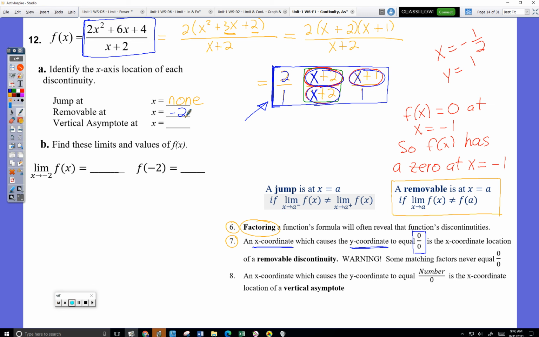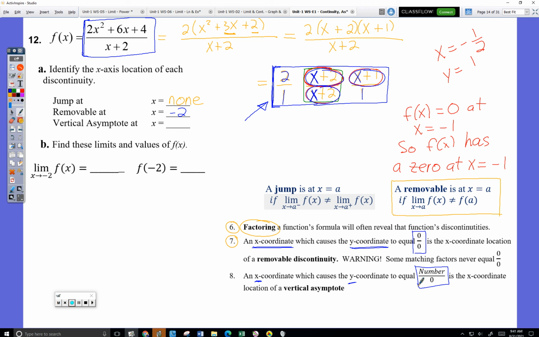Vertical asymptote. Look at item number 8 in the notes. It says a vertical asymptote is an x-coordinate where the y-coordinate will equal a number divided by 0. For this class, we don't have any overlapping discontinuities.